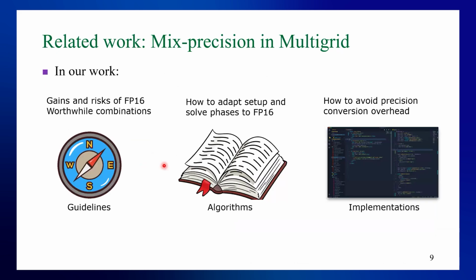So in our research, we summarize 4 guidelines and indicate that only some combinations of precision are worthwhile to try. We present algorithms on how to adapt the setup and solve phases of MG to FP16, and we also show how to avoid the precision conversion overhead in implementation. By putting them together, we can obtain more prominent speedups.